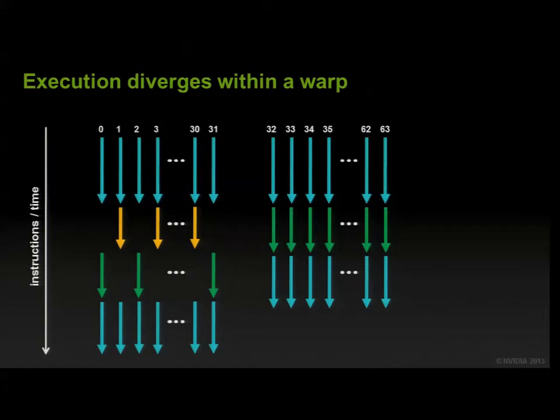The only way to mimic this independent behavior that we present to you with CUDA, where you can do whatever you want with your single thread, is by predicating out all the other threads, by just making them idle while you're doing your own stuff.